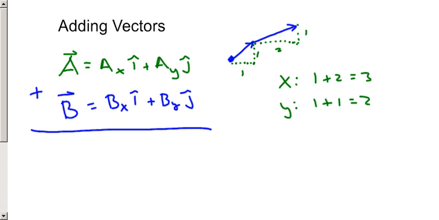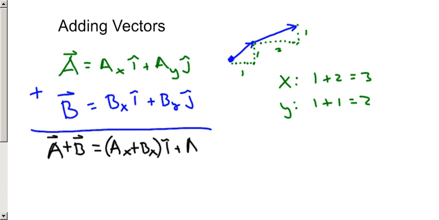So our resultant vector, A plus B, is just going to be the sum AX plus BX in the I direction plus AY plus BY in the J direction. So if you can get vectors into their component form, it makes adding them numerically very straightforward.